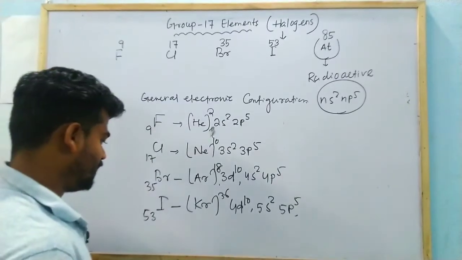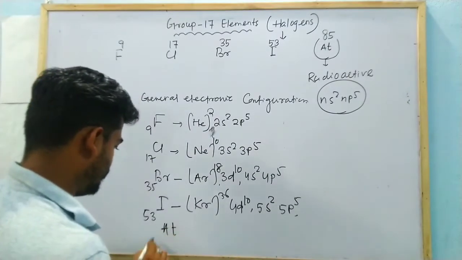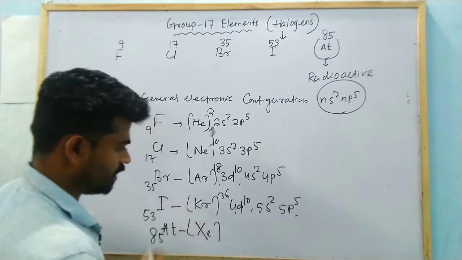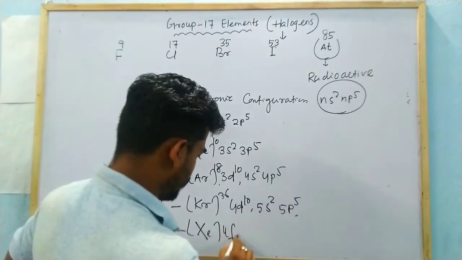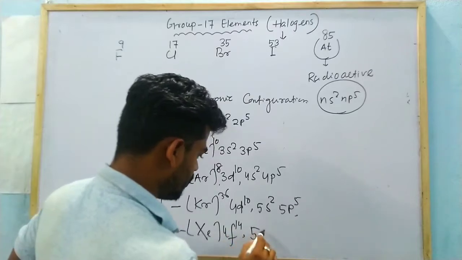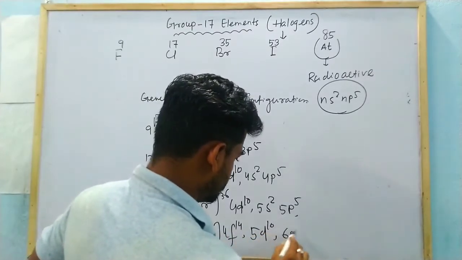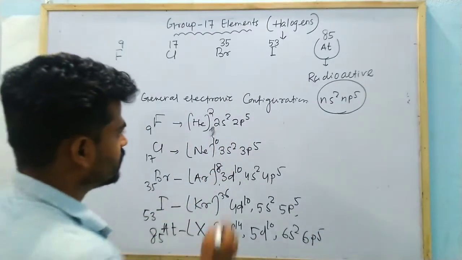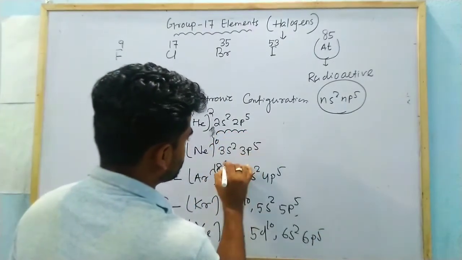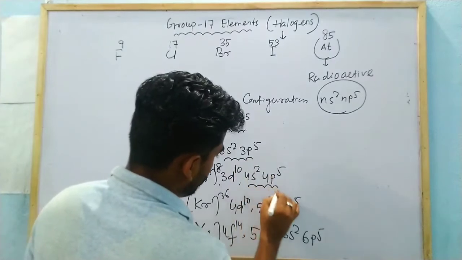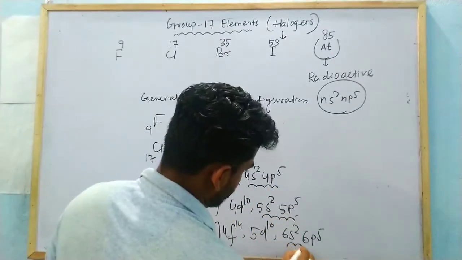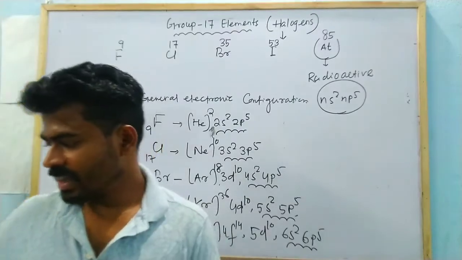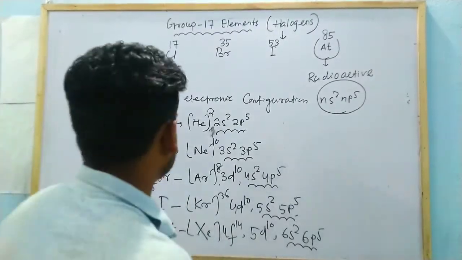Then astatine, 85: after xenon you get 4f14 5d10 6s2 6p5. So all these elements satisfy the valence shell configuration ns2 np5. So this is regarding their electronic configuration.